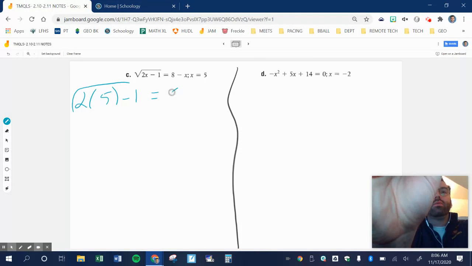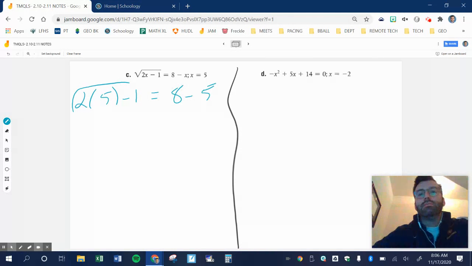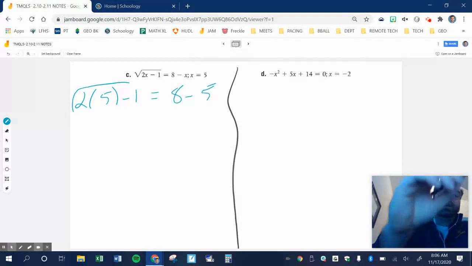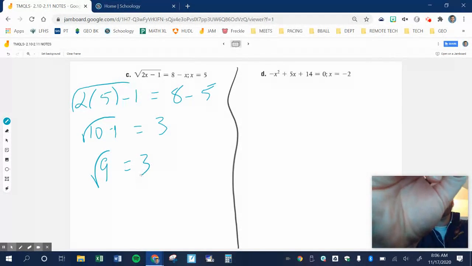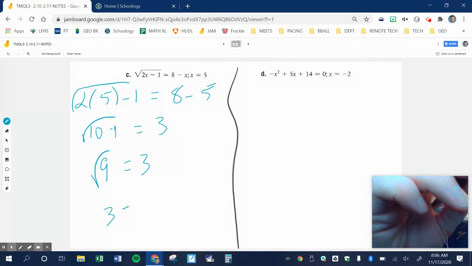Does that equal 8 minus 5? So I have to input this x into both sides of our equal sign. That's something new. Well, 2 times 5 is 10, minus 1, square root. And 8 minus 5 is 3. 10 minus 1 is 9. Square root of 9 is 3. So that works.